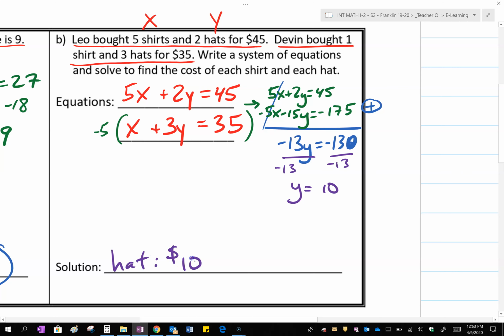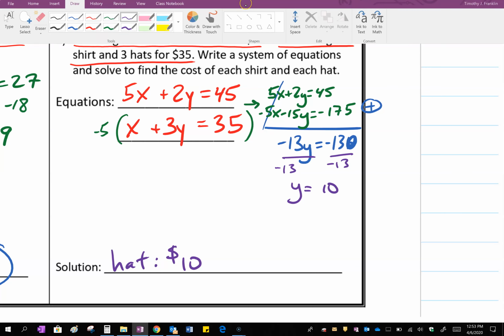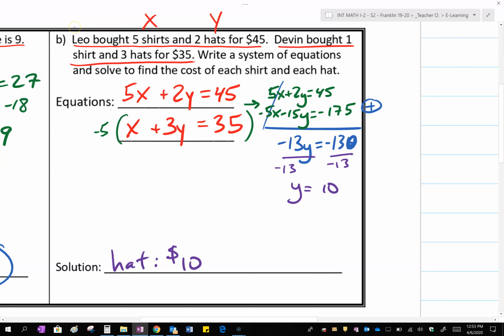We can go ahead and write that in our solution. We still need x. So I would maybe use that second equation, x plus 3y equals 35, because x is all by itself. So we're going to put 10 in for y, because we know that y equals 10.